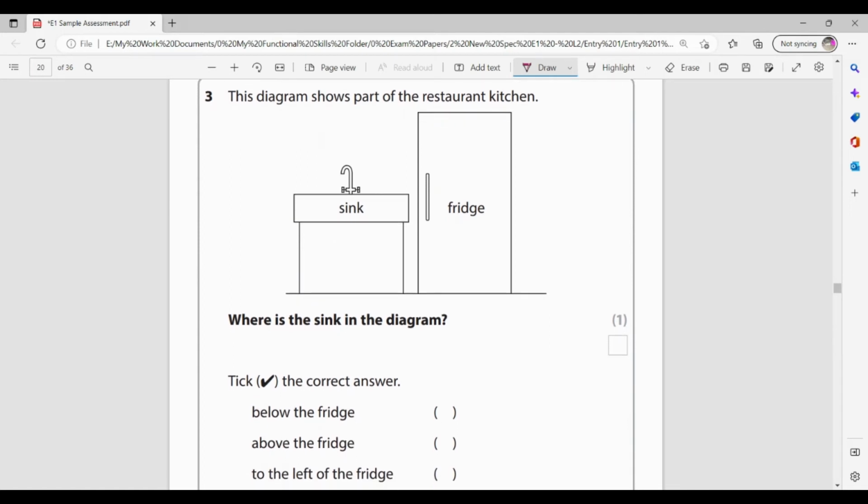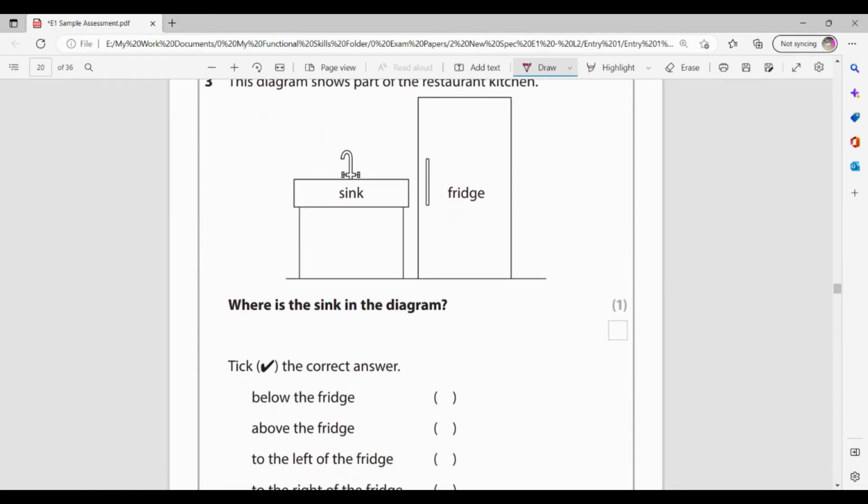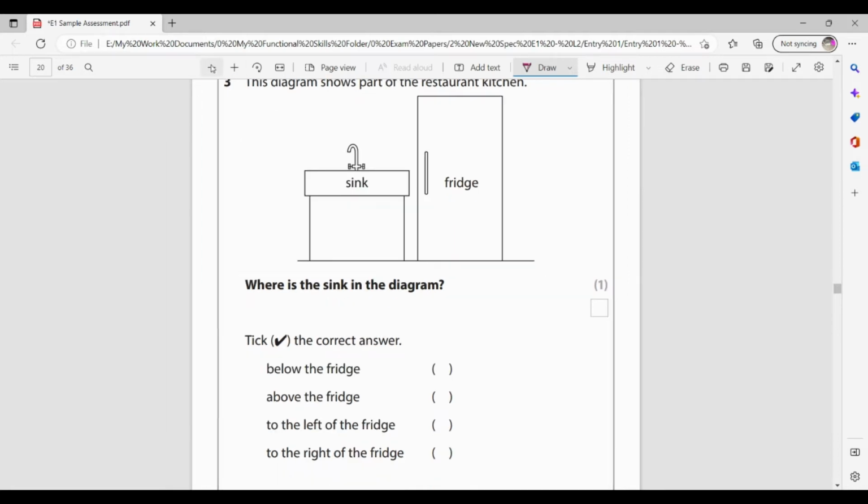Question 3. The diagram shows part of a restaurant kitchen. Where is the sink in the diagram? Is it below the fridge, above the fridge, to the left of the fridge, or to the right of the fridge?